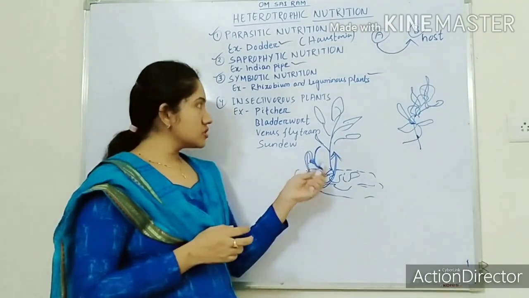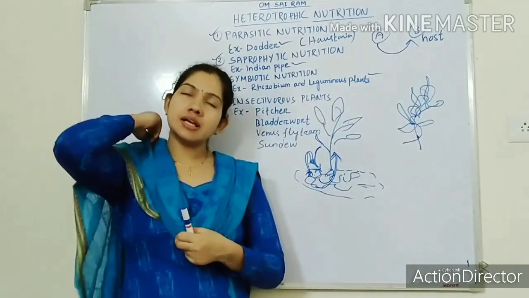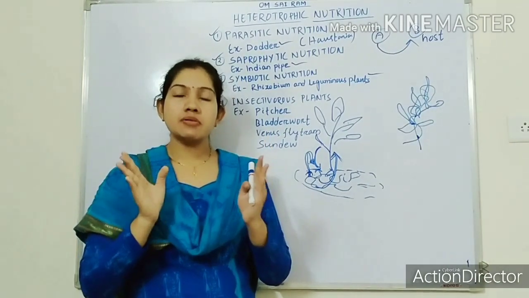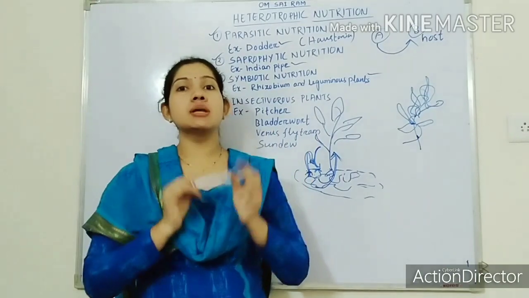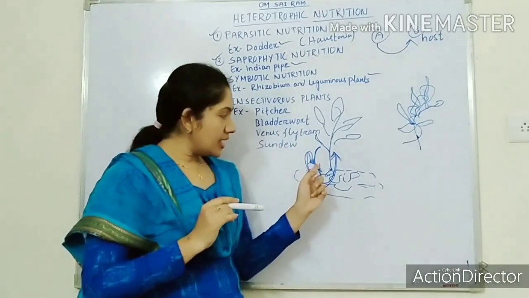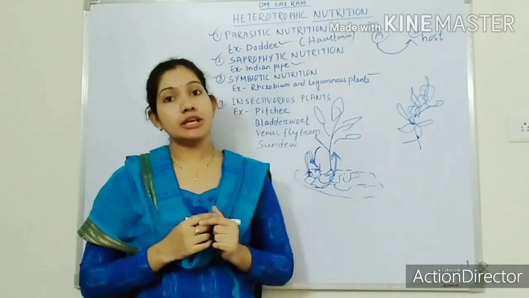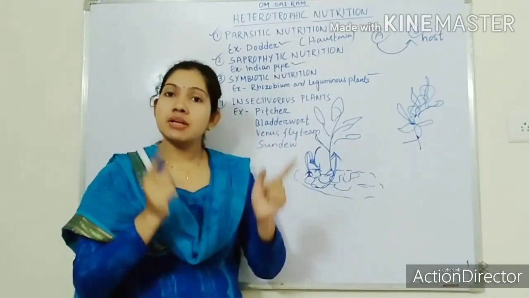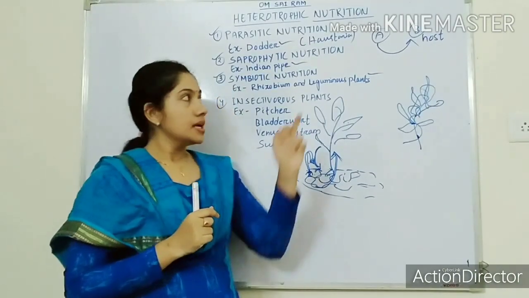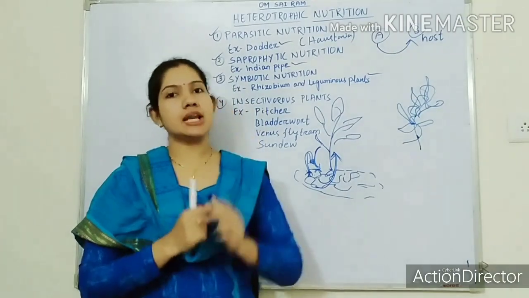So this is all about symbiotic nutrition. Symbiotic nutrition, again I am repeating, means where both the organisms mutually benefit each other. Here I have given you the example of rhizobium. It will benefit the leguminous plant. How will rhizobium be benefited? It will get shelter on the root of the leguminous plant.